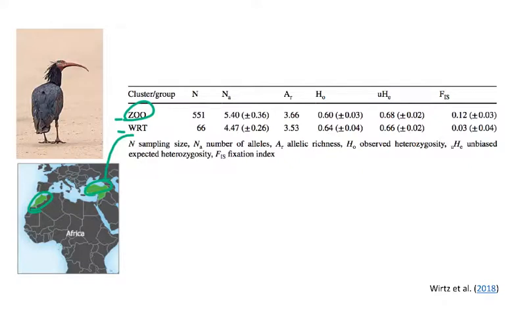And so what they found is that overall, the genetic diversity of these two populations, the zoo population and the population that was used for reintroduction to Turkey, have roughly comparable genetic diversity. So they concluded in this paper that this zoo population is indeed appropriate to use for reintroductions because it has as much genetic diversity as other individuals that have been used to have successful reintroductions in other regions.